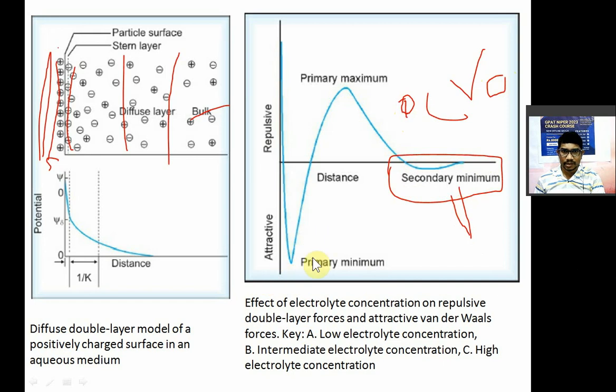At a low concentration of electrolyte, the primary minimum is there. Attractive forces will dominate the repulsive forces at low concentration of electrolyte, and there is an aggregation. At an intermediate concentration of electrolyte, there is a primary maximum.